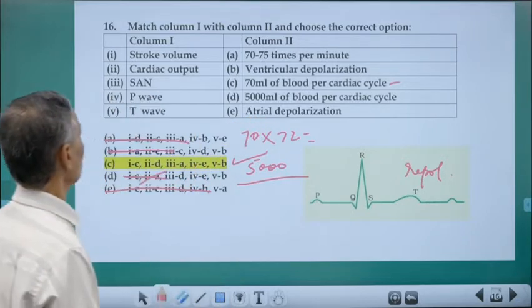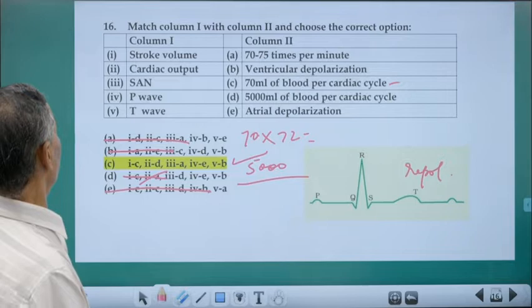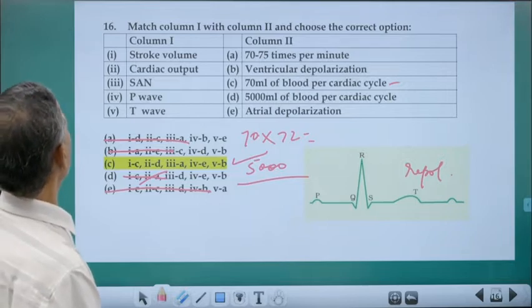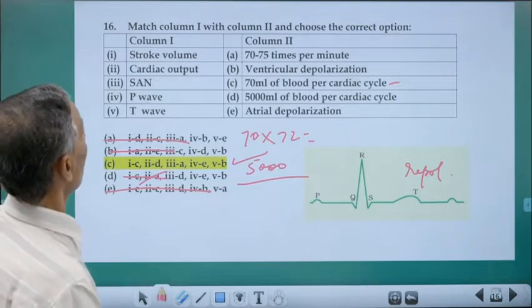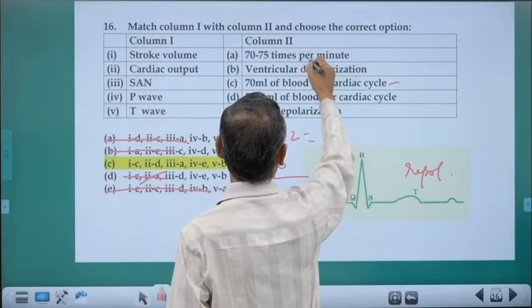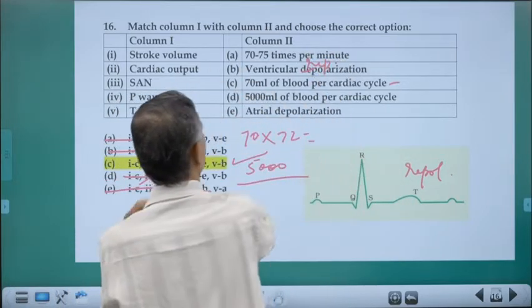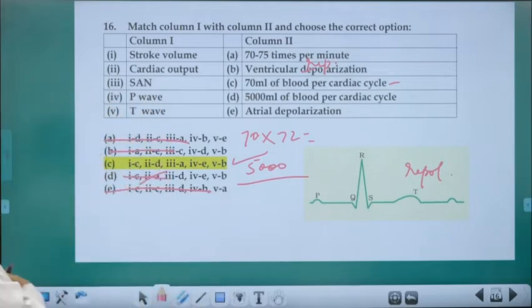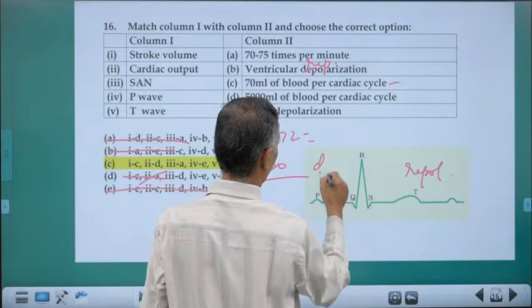See, there is a small correction to be made. The ventricular, it is not depolarization, repolarization. This is depolarization of the atrium.